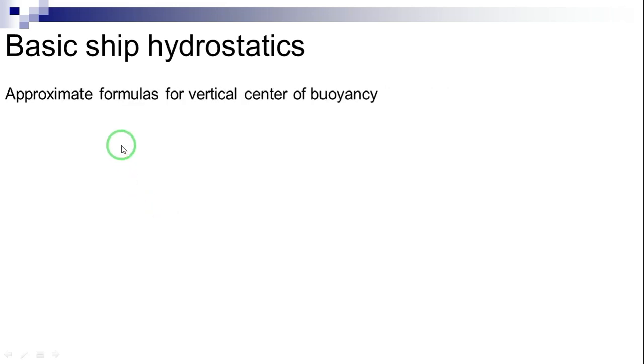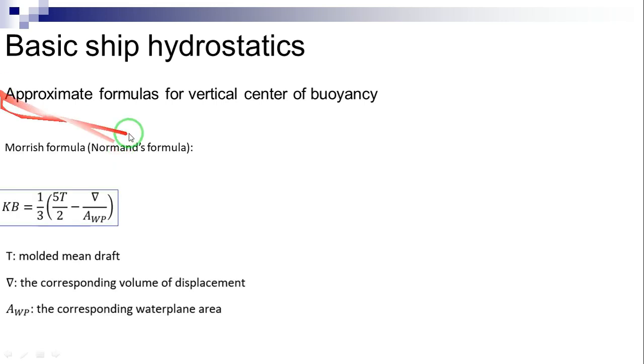Approximate formulas for vertical center of buoyancy. In the initial stages of design, the height of the center of buoyancy KB may be required, yet a displacement curve is not available, precluding a calculation of KB using the methods just presented. Therefore, approximate formulas may be used for this purpose.